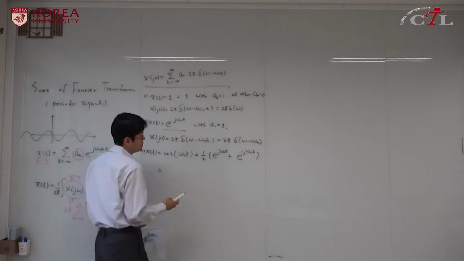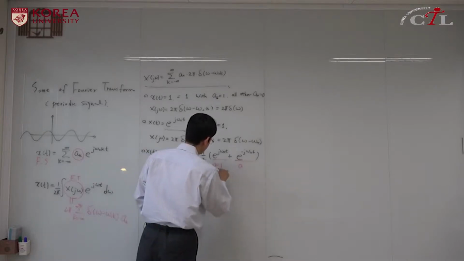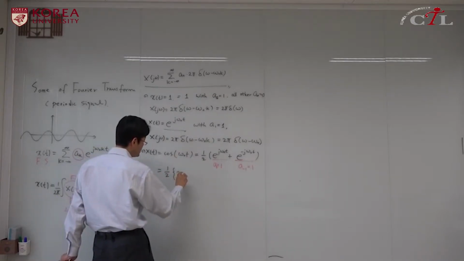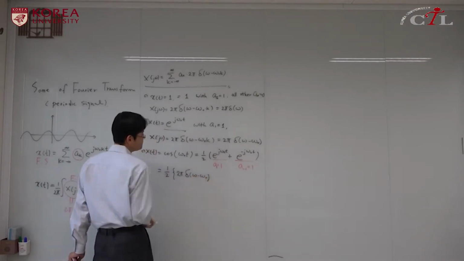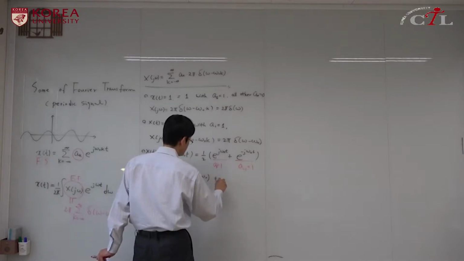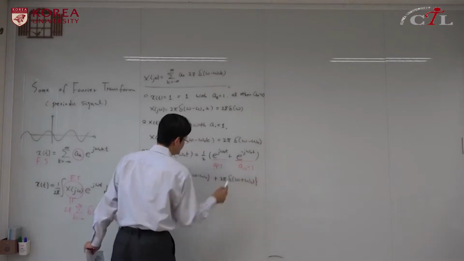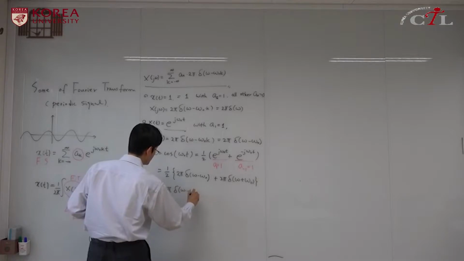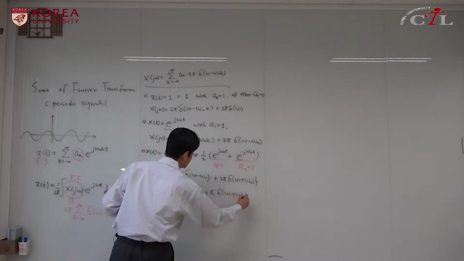So here, this corresponds to a_1 equal to 1, a_minus1 equal to 1. So it's simply half of 2 pi delta(omega minus omega_0) plus 2 pi delta(omega plus omega_0). So 2 will drop. So we get simply this result. Okay.